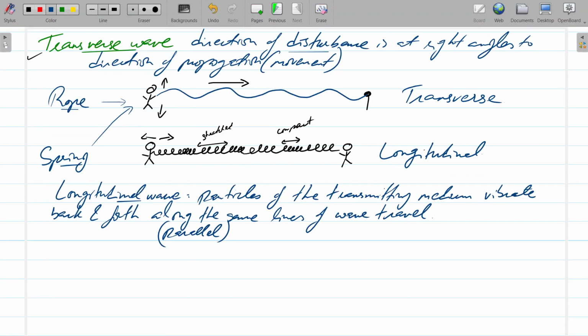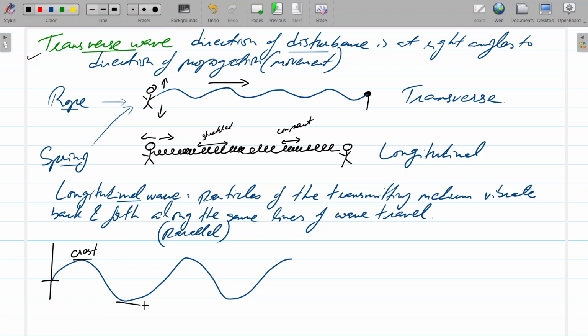Now, if you have a transverse wave, let's start from here, and it's going up and down and up and down. I'm not drawing this very well, I understand that. The part that is at a high over here is called a crest.